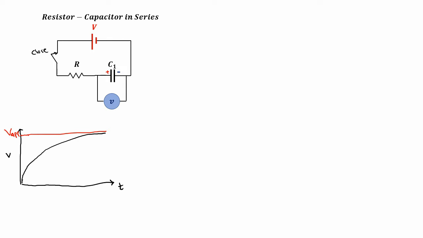This behavior, the logarithmic, or more so actually the natural log behavior, can be given by this equation right here. In this equation, R is the resistance and C is the capacitance. The time t here is the time it takes, I mean at a given time, whatever the voltage is.